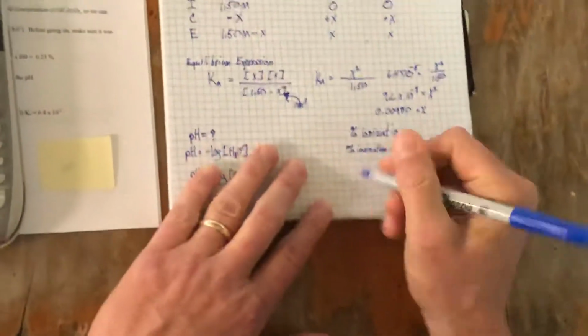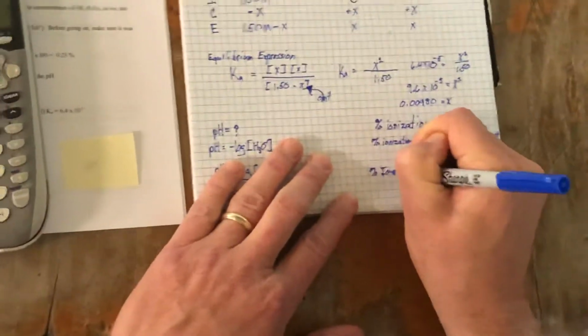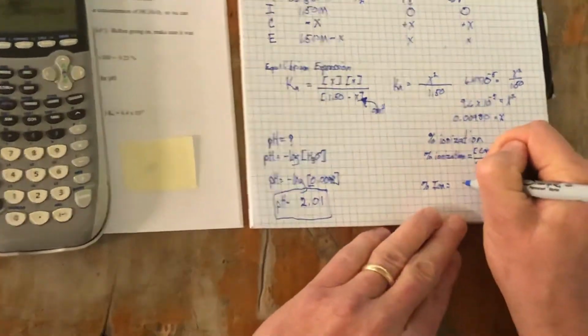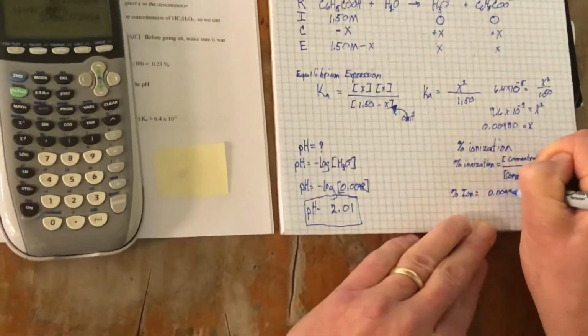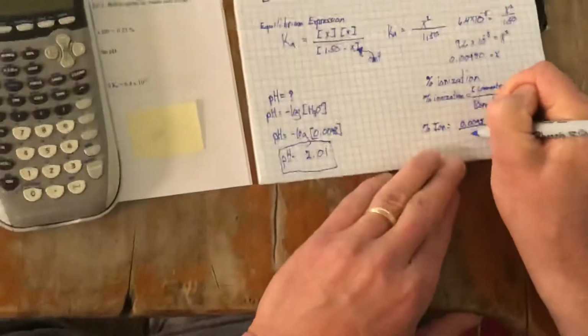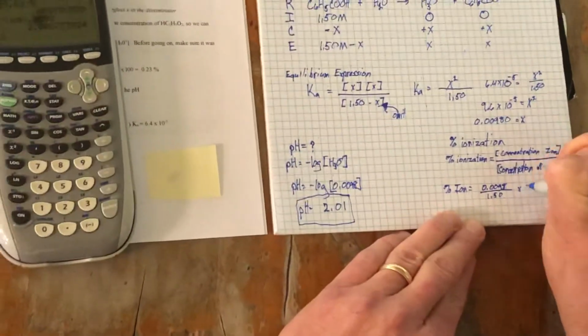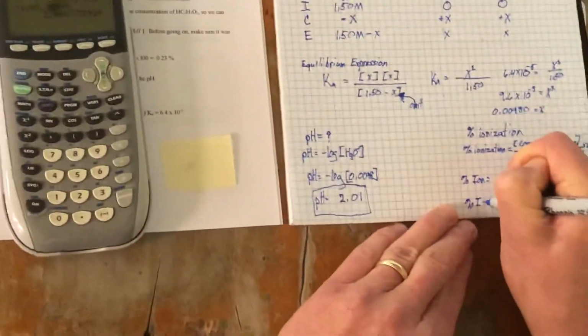So my percent of ionization is equal to the concentration of the ions, that's my x value, 0.0098, divided by the original concentration, which was 1.50, all of this times 100.